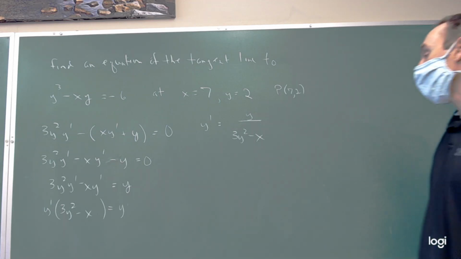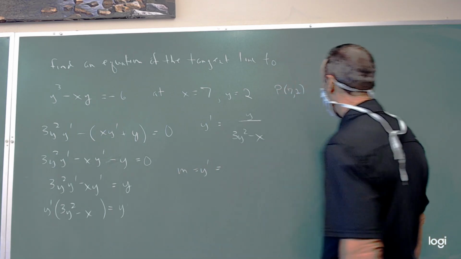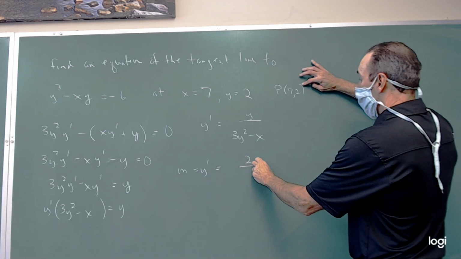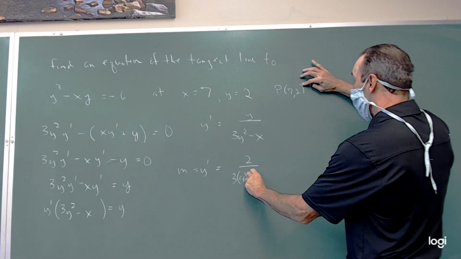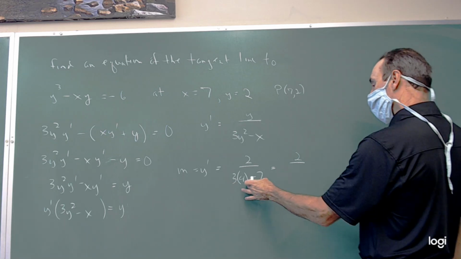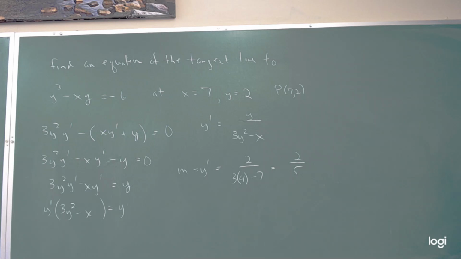Now we're plugging in the numbers because we were trying to find a slope, which is going to come from our derivative. So let's see, y is 2. We have 3 times 2 squared, which is 12, minus the 7. So that's going to be 12 minus 7, which is 5. We got a slope of 2/5. Does that sound right?